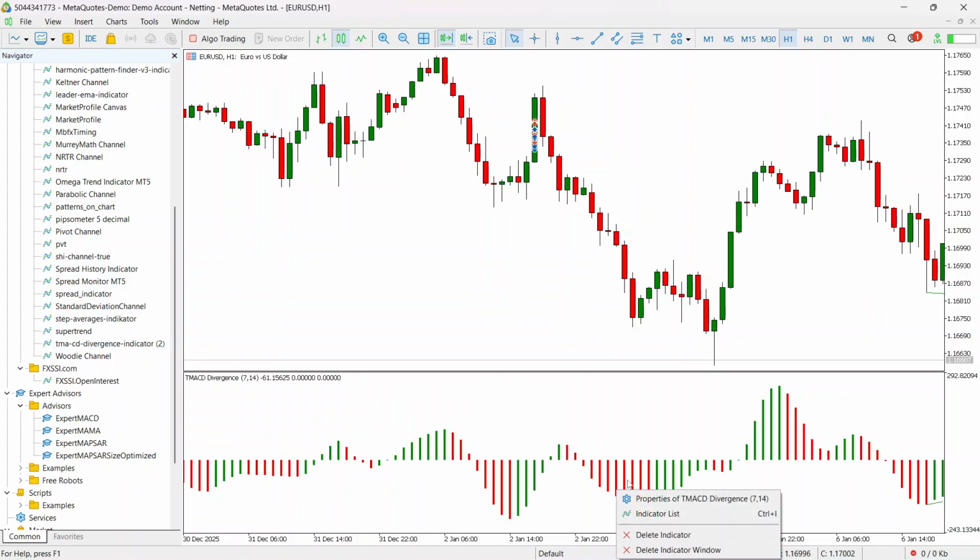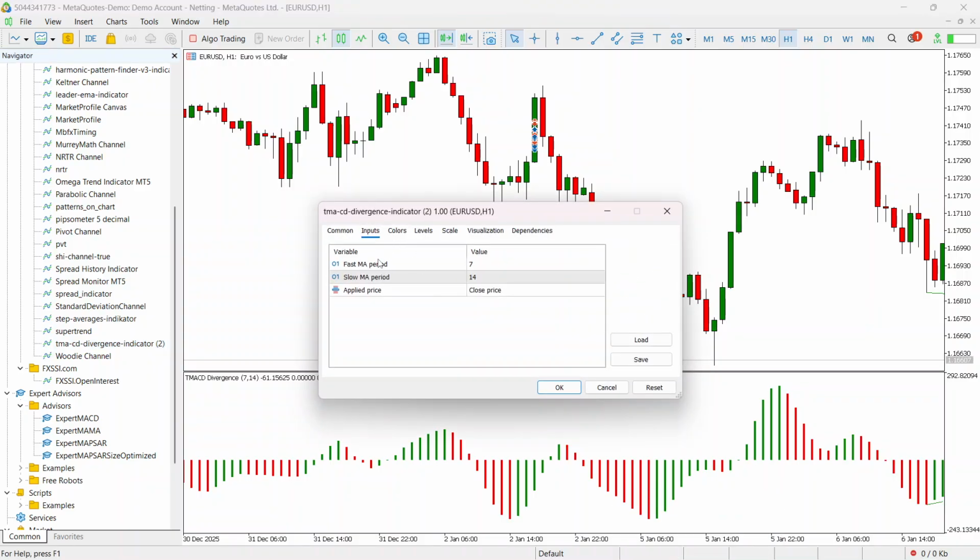Let's move over to its settings. We have the fast MA period and slow MA period. We also have the applied price, which helps in the oscillator calculation, and the look back parameters that define which swing highs and lows qualify for divergence detection.